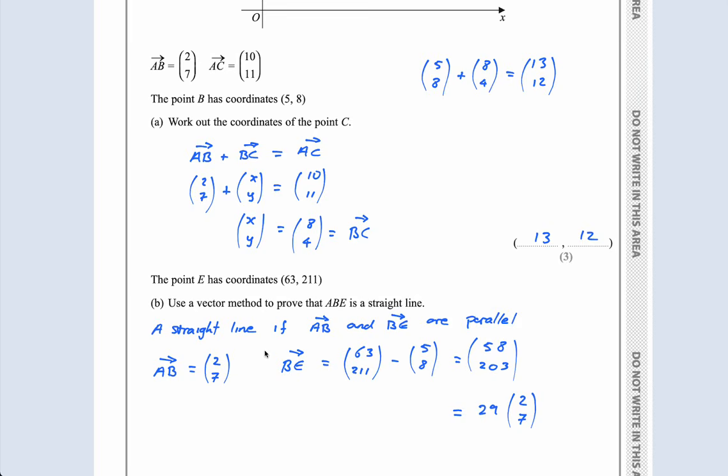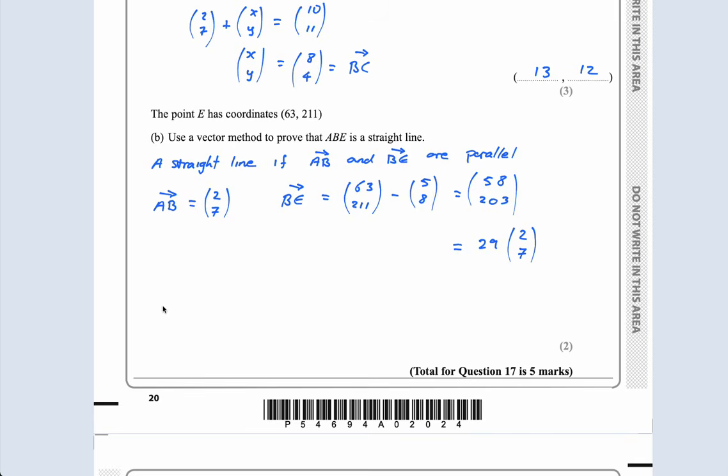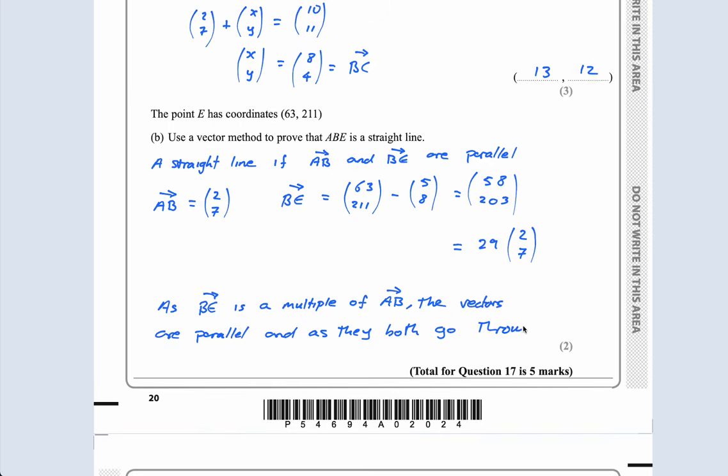So I can write down a final conclusion as: BE is a multiple of AB, so the vectors ABE are parallel, and as they both go through E, ABE is a straight line.